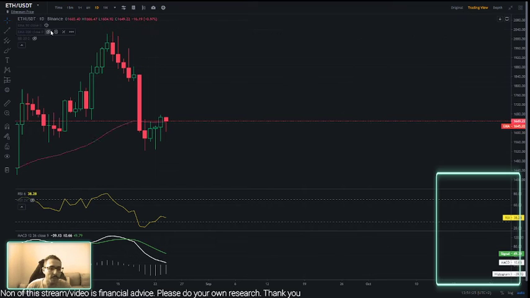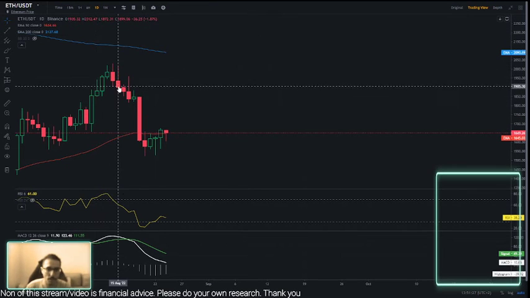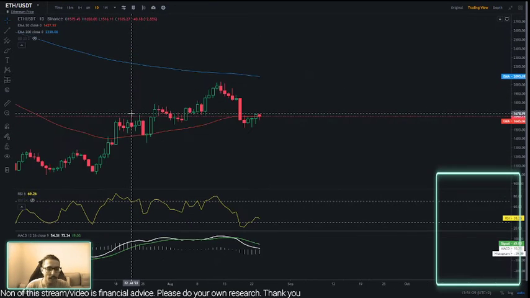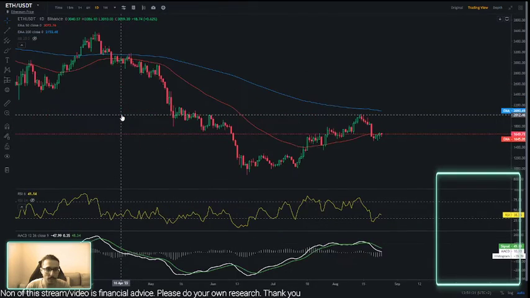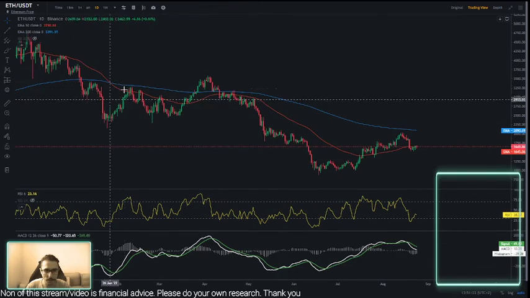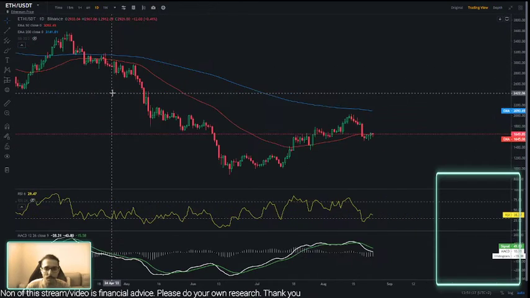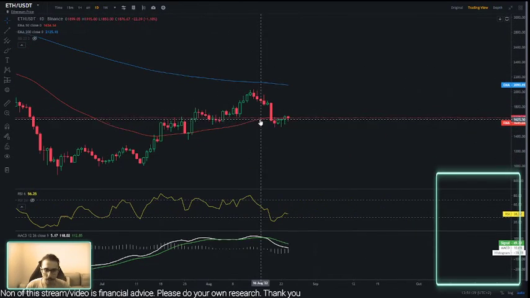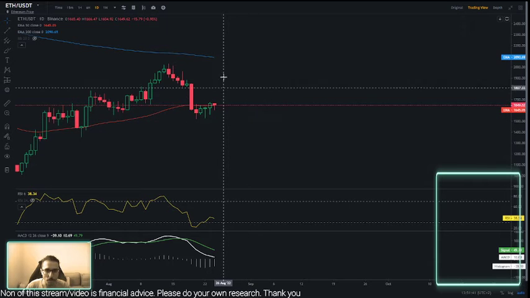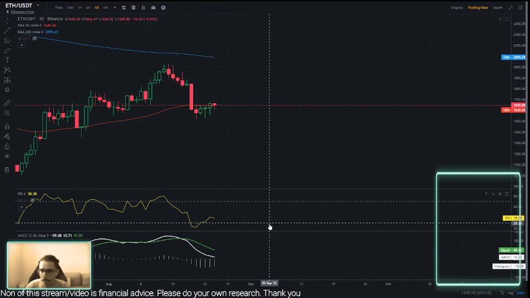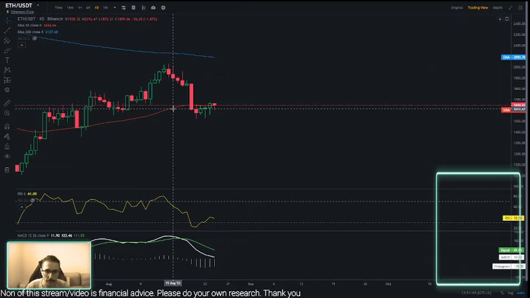The EMAs. Alright, so interesting, good. Back in the days we had the Death Cross here, which should be in June. Yeah, June, Death Cross, definitely. We are looking to go for a Golden Cross, but we are pretty far away from it.